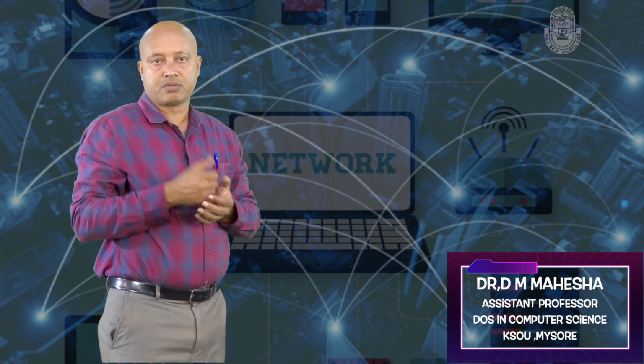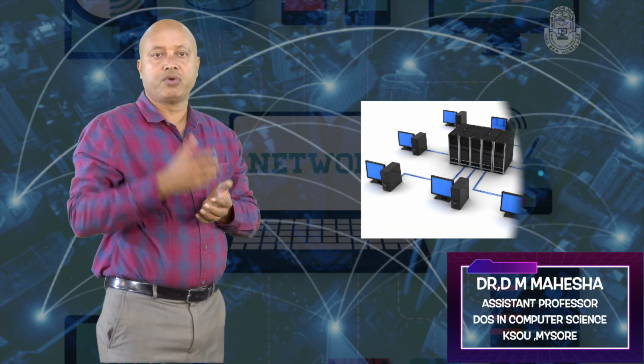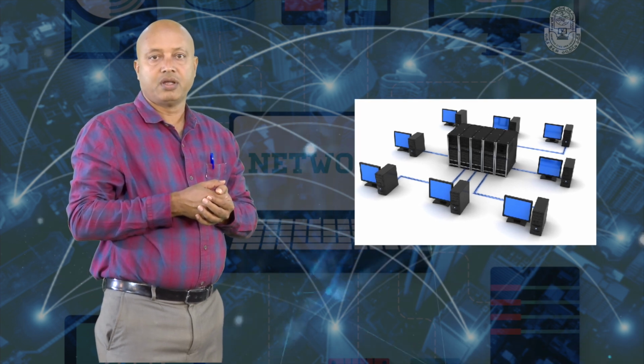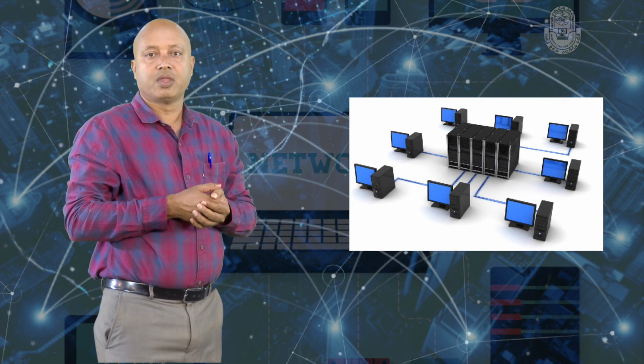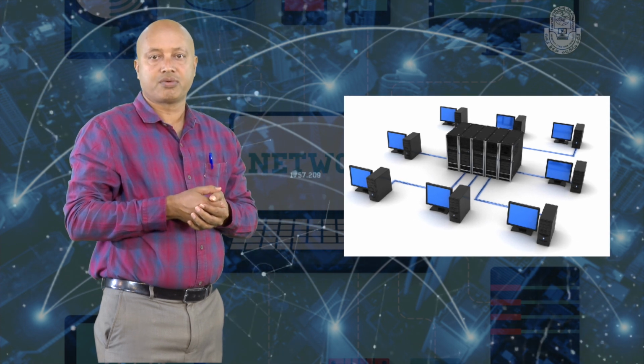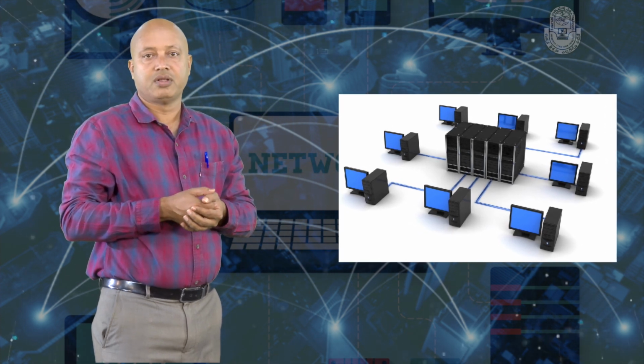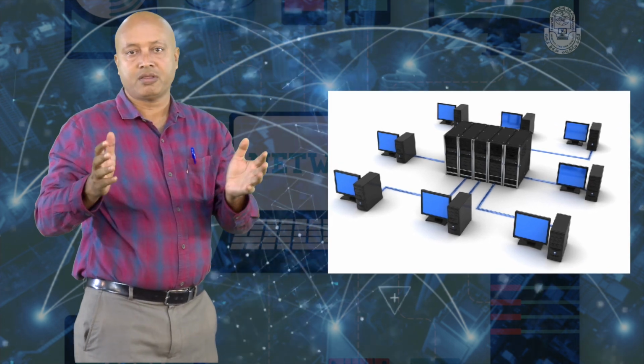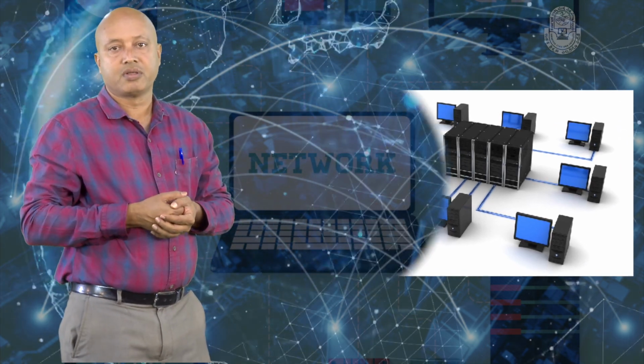Dear students, today we are going to discuss what is a computer network. An interconnection of multiple devices, also known as nodes, that are connected using multiple paths for the purpose of sending and receiving data or media.